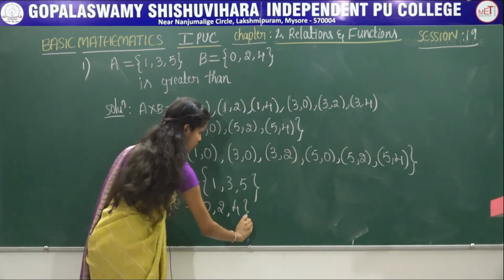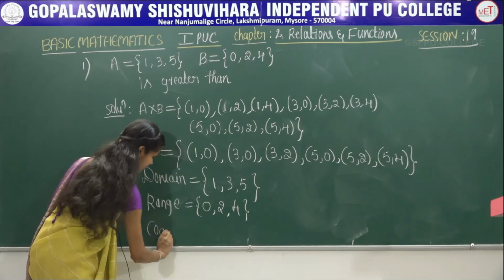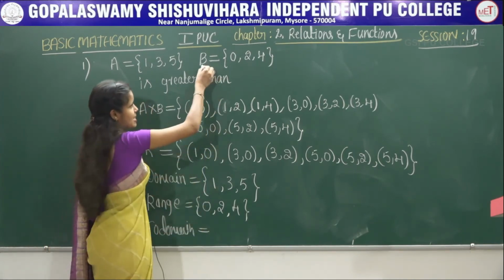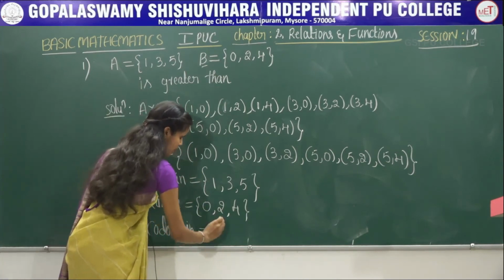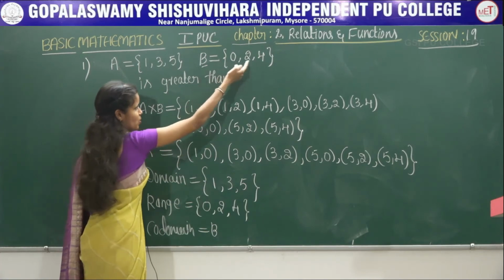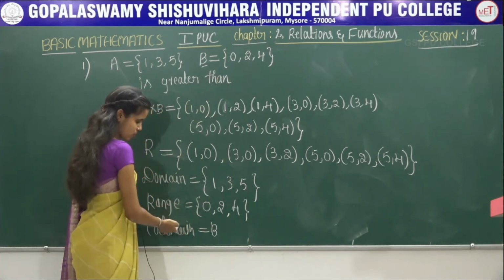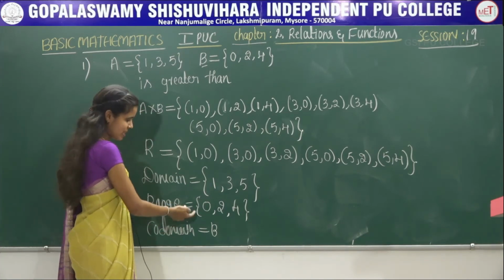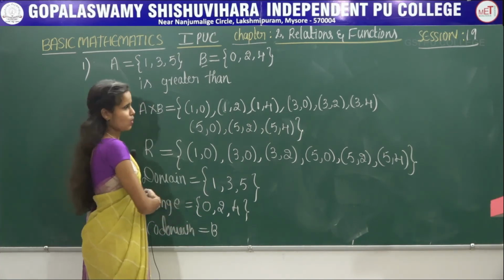So 0, 2, 4. Next codomain. Codomain means the second set. B is called the codomain. Here observe that in this case the range is also equal to the codomain, 0, 2, 4. So range is equal to codomain. We know that range is a subset of codomain. In this case it is also equal to codomain.